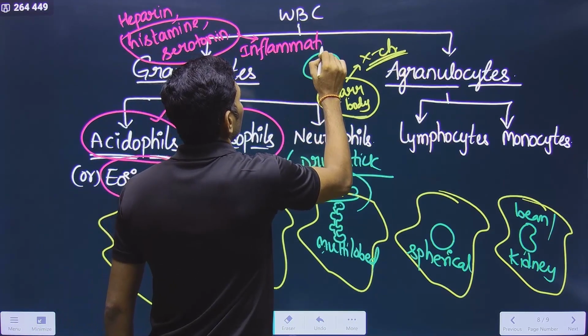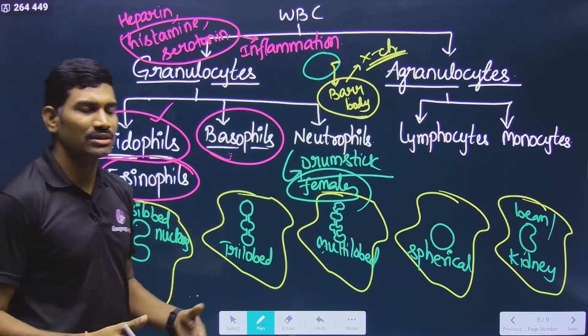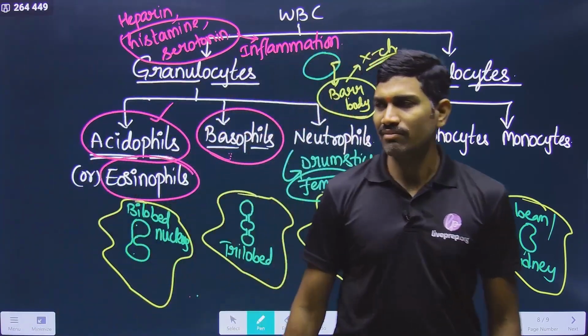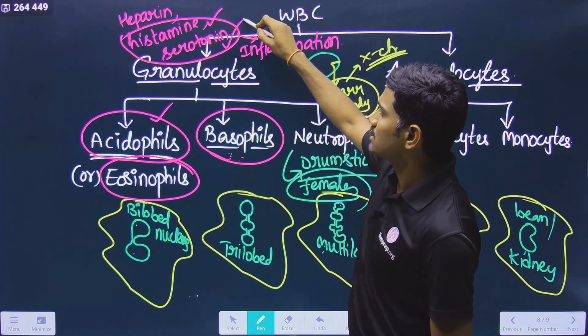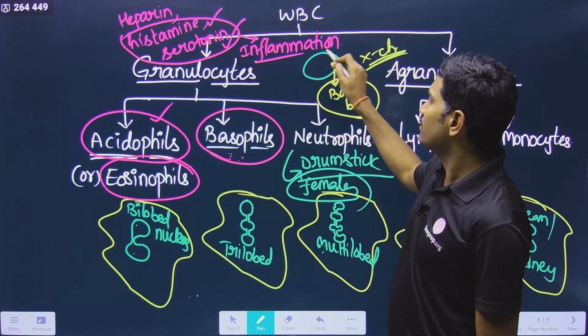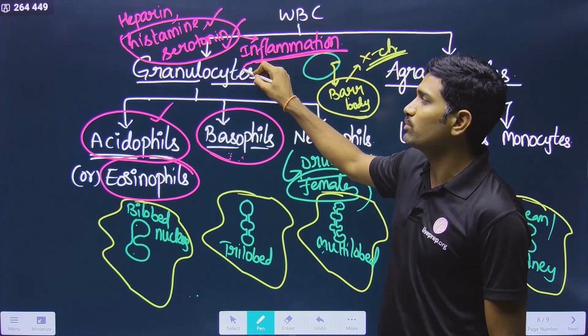So they are involved in inflammation formation. Inflammation means swelling, redness, heat production. So many characteristics are present for inflammation. So basophils are releasing chemicals called histamine and serotonin, and mainly they are involved in the inflammatory process. They are causing some inflammations. This is one important point.